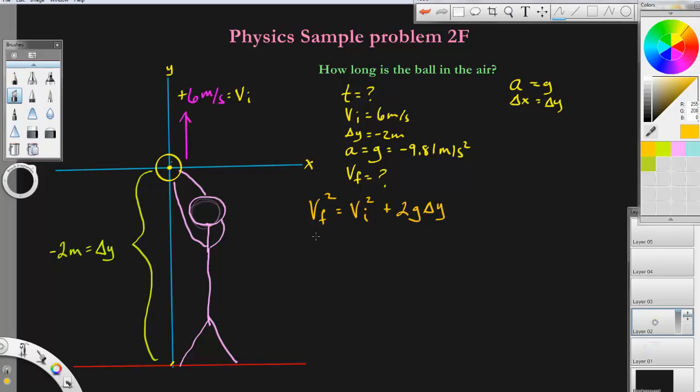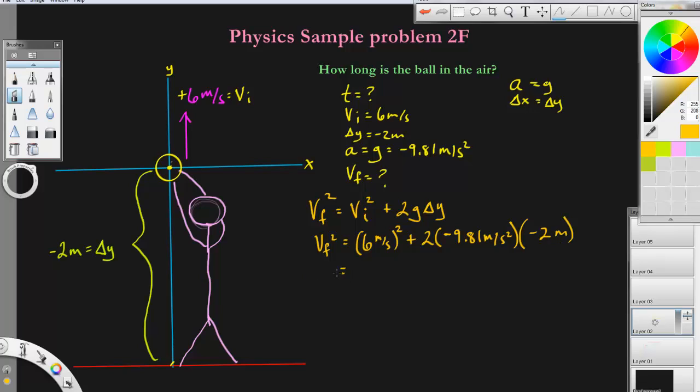Okay? So we got Vf squared, and that equals Vi squared, which is positive 6 meters per second, and we're going to square that. Plus 2, and we got to keep our signs all straight here. We can't just ignore it. -9.81 meters per second squared times our delta y, which is -2 meters.